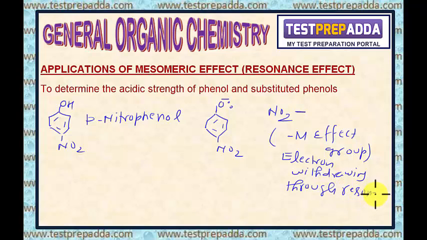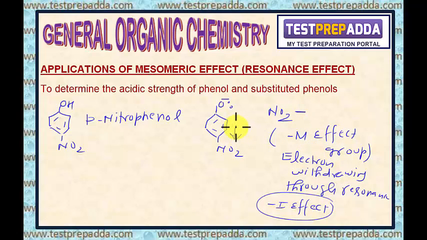Although it is a minus I effect group also. Minus I effect is also electron withdrawing, and that is through the inductive effect. But we know mesomeric effect gets preference over inductive effect in the majority of cases. That is why here I am talking about mesomeric effect only. My point is clear. So NO2 is a minus M effect group.